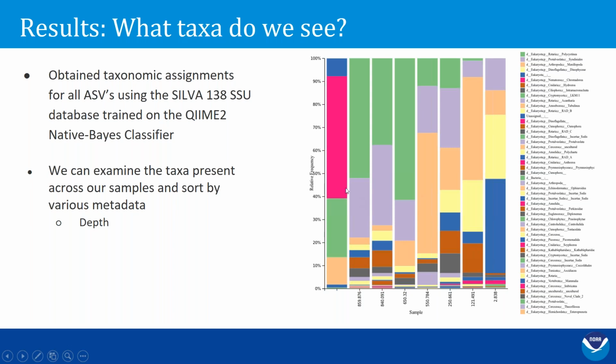And going from left to right across these different columns, what you're seeing is on the far left, the negative control, and then the deepest samples all the way up to the surface. So again, this is one CTD cast. And so we can examine the taxa present across our entire sample and sort and organize by what types of animals we're seeing. And so this figure you're looking at here is the taxonomic assignments from that QIIME2 pipeline.